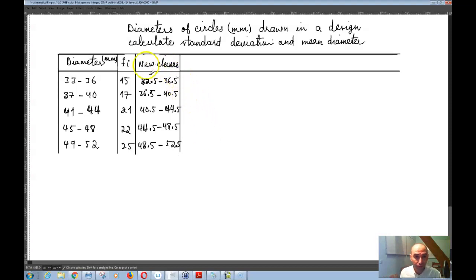Okay, so now that our classes are continuous, what I can do is calculate the mean, standard deviation and mean diameter.